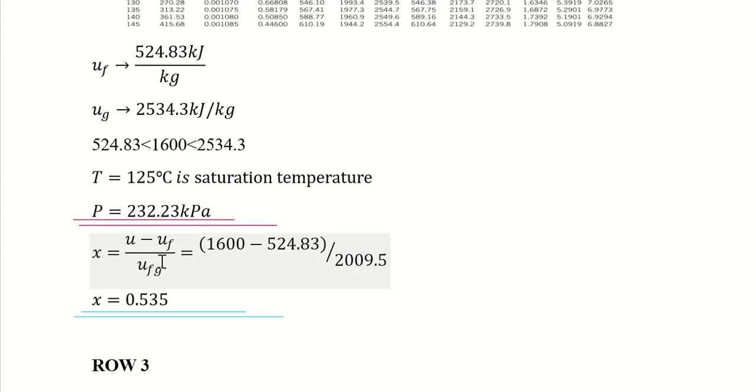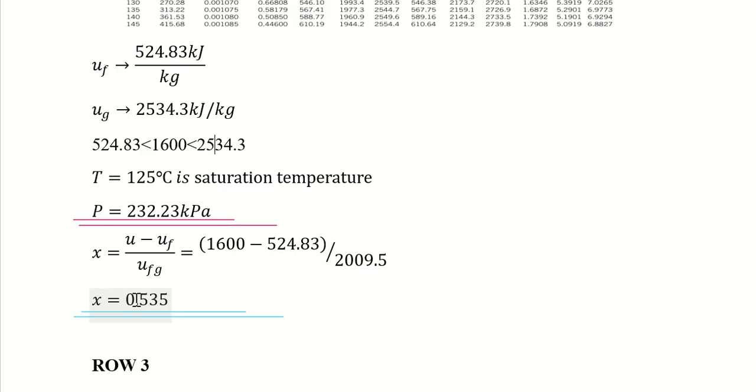Now remember we have also described the quality concept, and you can find the quality from this formula. I derived this formula some time back, and the video is uploaded to my YouTube channel so you can check it. Once you do that, you have a value of 0.535.